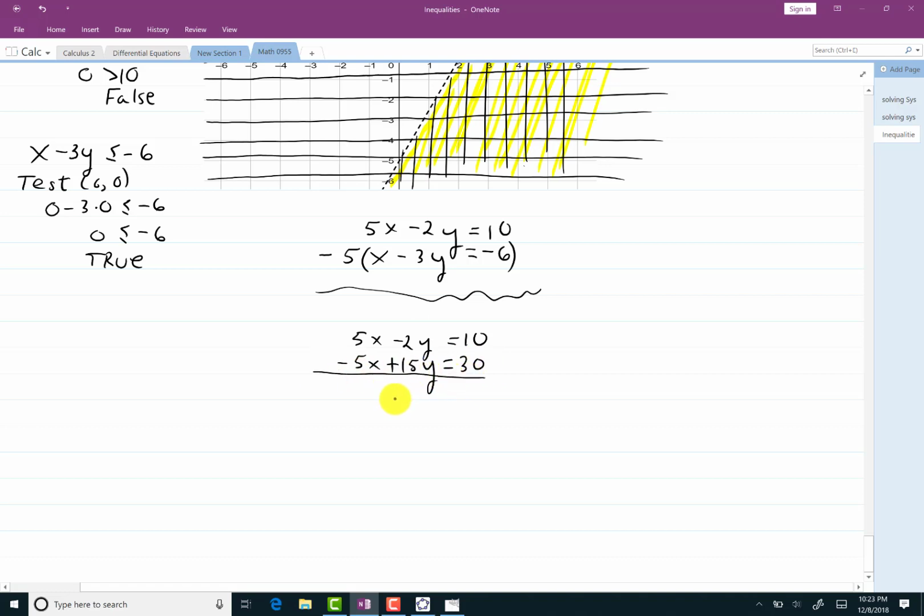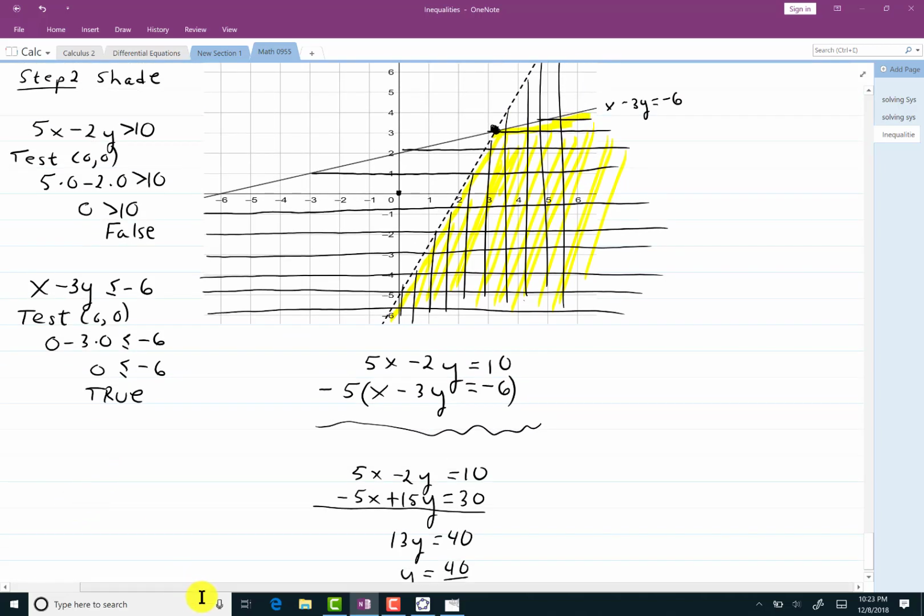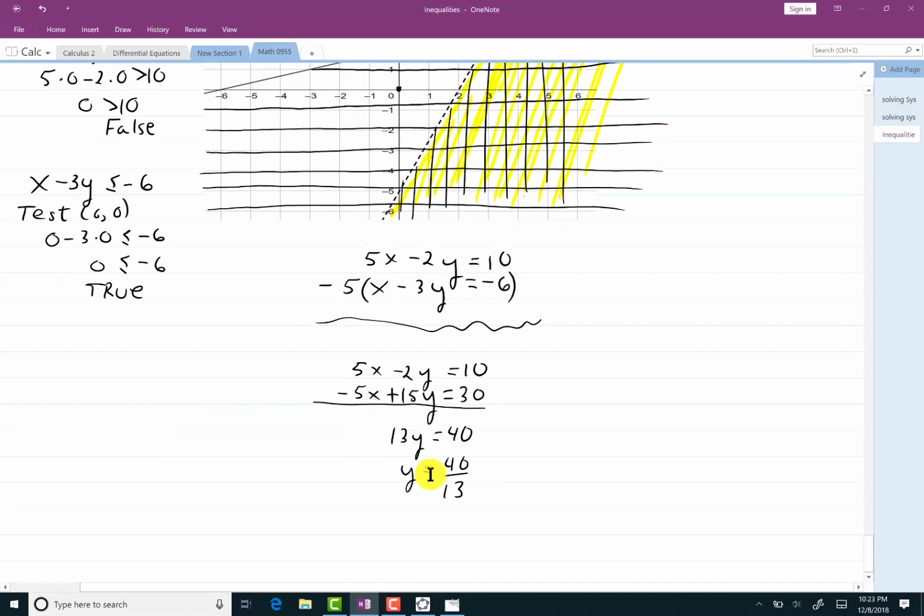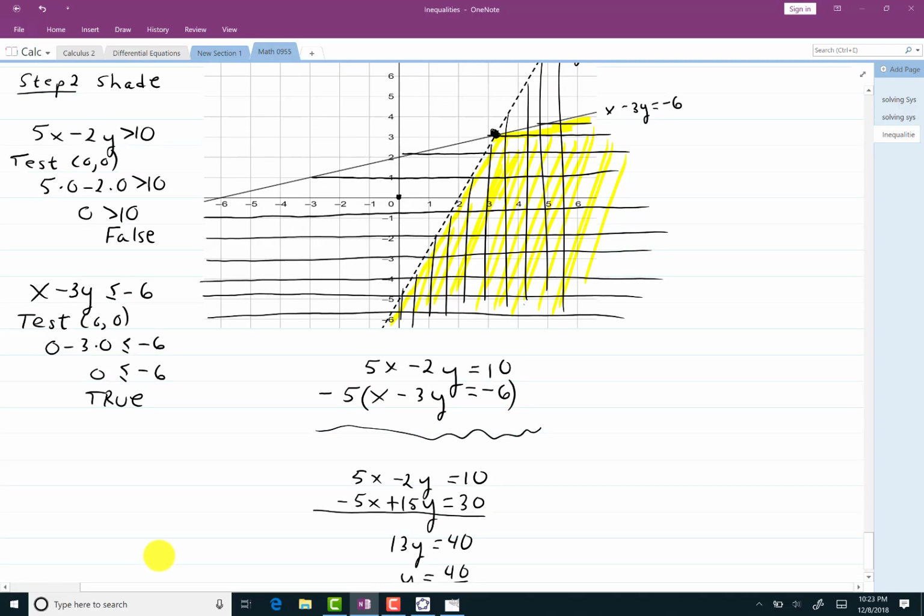Add them together. I get 13y equals 40, and so y equals 40 over 13. Let's see if that is close. 40 over 13 is just a shade bigger than 3.